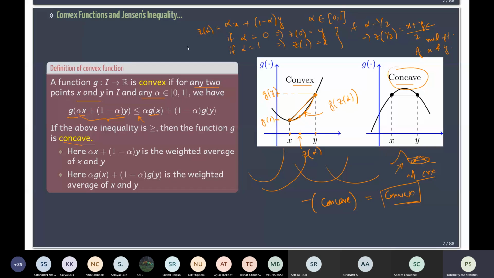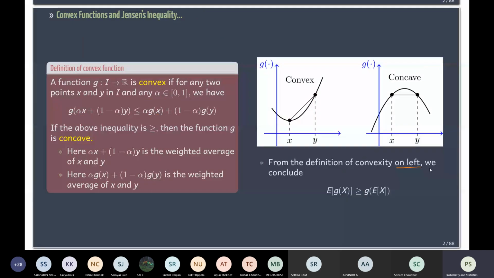And with regard to the probability that we are studying, the statistical properties of such functions are that the g of the expectation is less than equal to expectation of the g. That's what we will try to conclude from here. So from the definition of the concavity on the left, I've just reverted this.